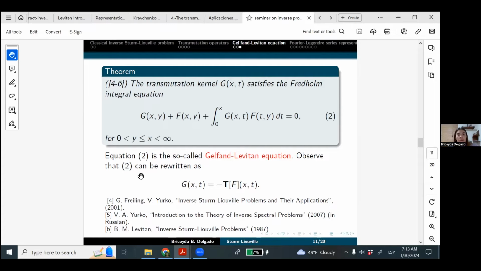Okay, another ingredient that we will need for our numerical method: one part is this Gelfand-Levitan equation, and the other part is the Fourier-Legendre series representation.